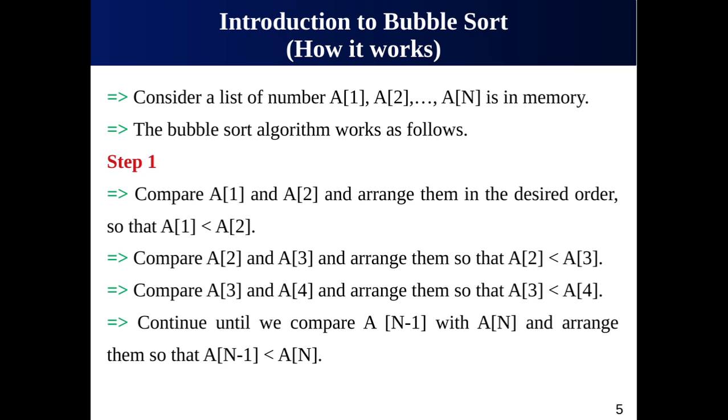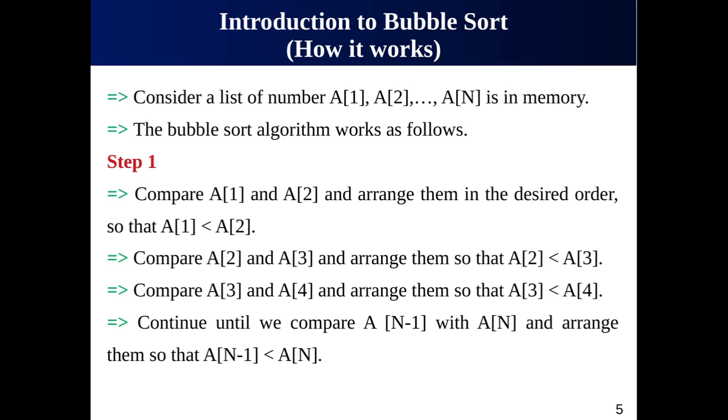Every pass moves a number of elements closer to their final positions, even though only the largest element of that pass is guaranteed to reach its final location. What does it mean? At the end of each pass, only one item will be able to move to the proper position.